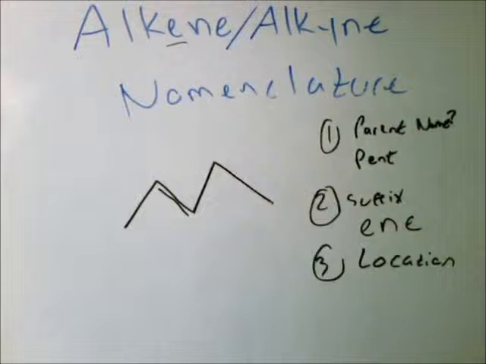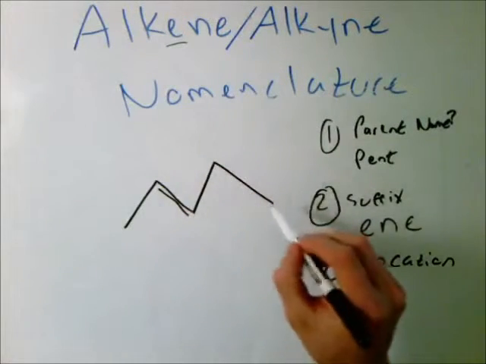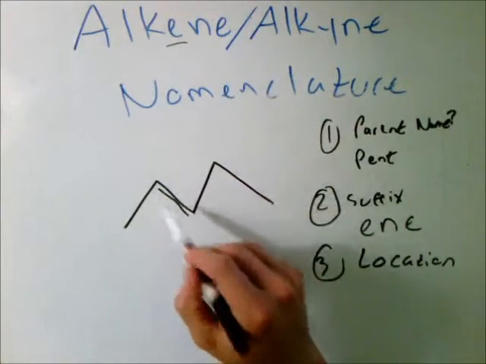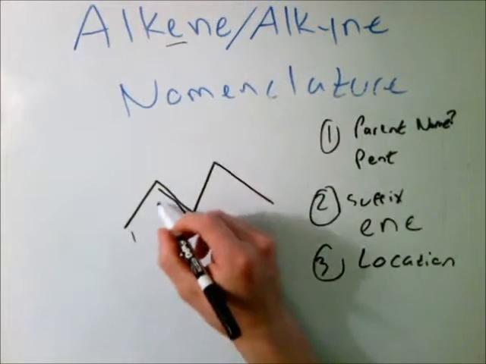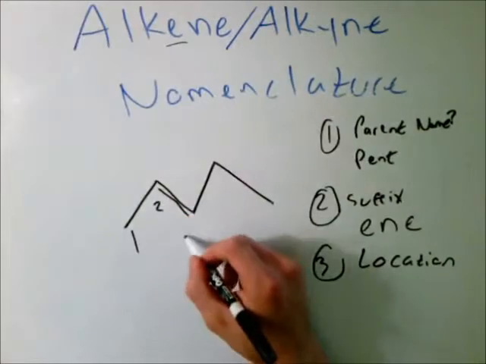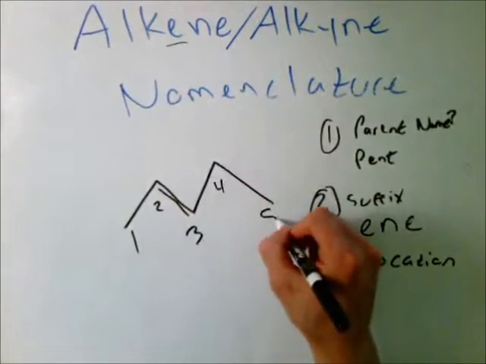What about the location? Well, that's where a little bit of technique comes into play. We have to number our carbons in order to identify the location of the double bond. And you can do that from one of 2 directions. We have 1, 2, 3, 4, 5.